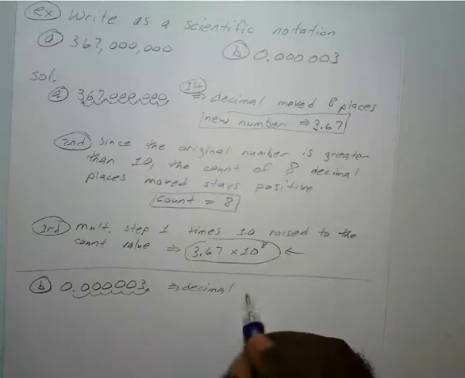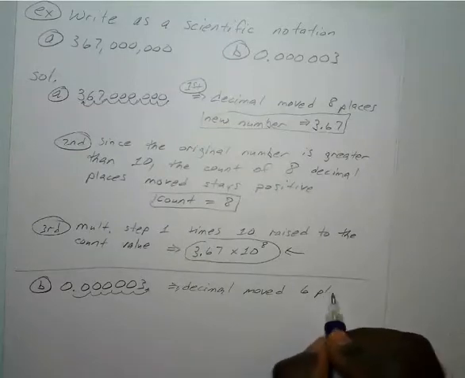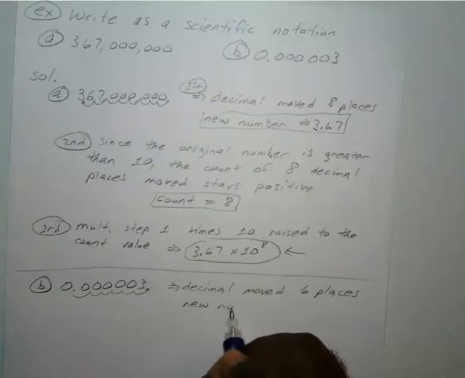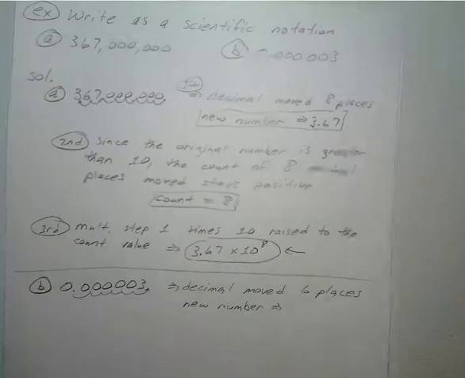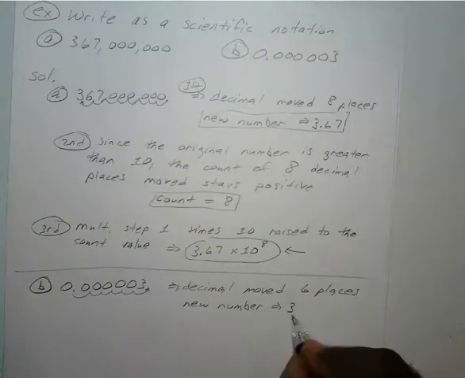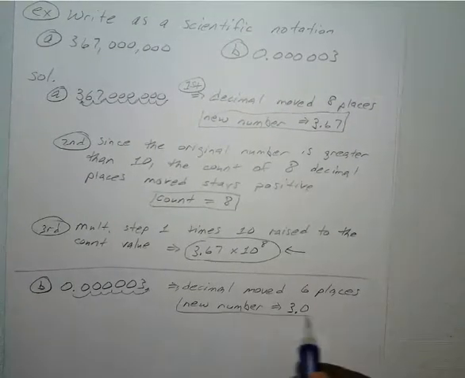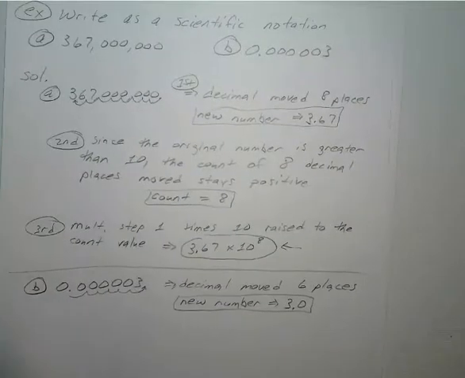So the decimal moved 6 places. Remember, when the decimal moved all the way to the right, the new number is just 3, or some may like to use 3.0. So that's your new number.